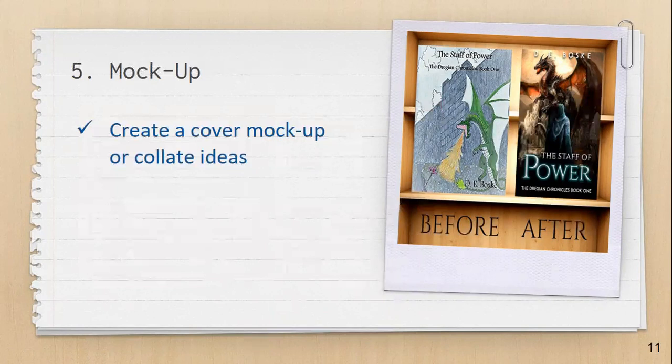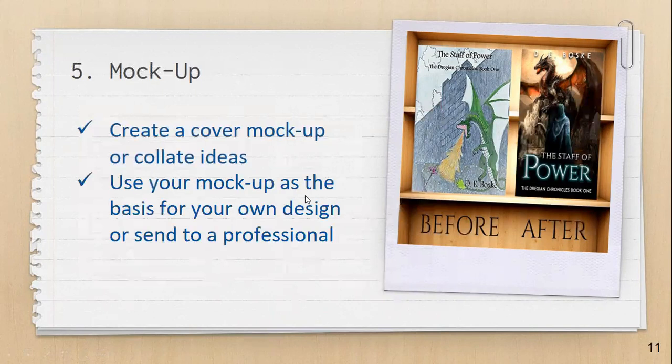If you're doing your own cover design, a mock-up is essential. If you're sending it to someone else, if you can do a mock-up, fantastic. If you can't do a mock-up, at least collate the ideas and send those through, and then trust that the professional service provider is going to nail it. Yeah. So the other thing is to use your mock-up as the basis of your own design or to send it to a professional. This is the whole point of it.